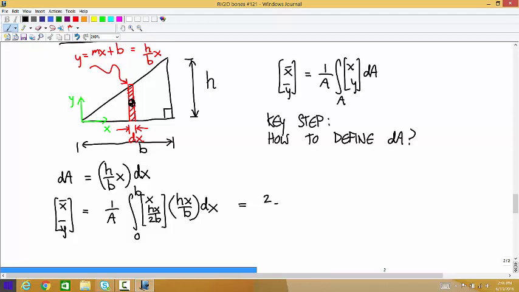So this is going to be 2 over bh times the integral from 0 to b of, I'll combine all this stuff. The x component is h over b x squared. And the y component is h squared x squared over 2b squared.